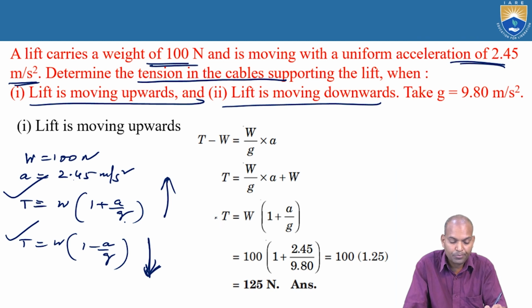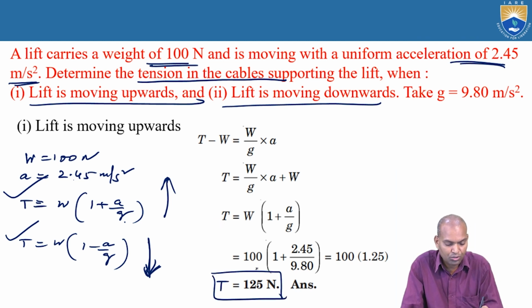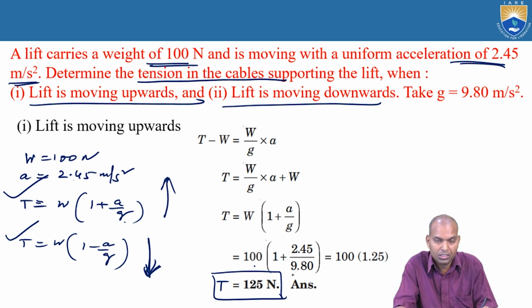Now, when the lift is moving upwards, the tension in the cable is, substituting W equal to 100 newtons, acceleration 2.45 meters per square second, and g is 9.8, 100 times 1.25, that is 125 newtons.